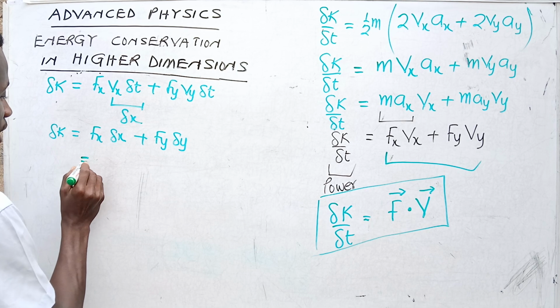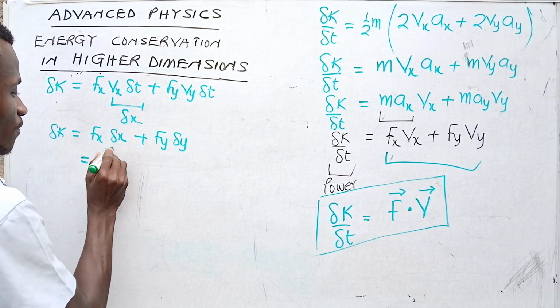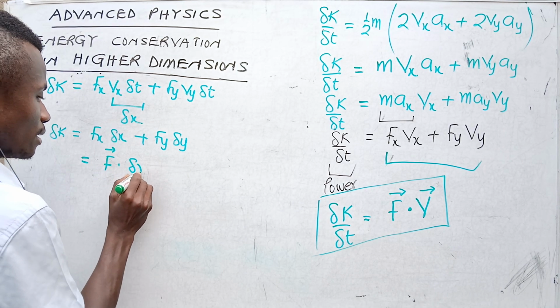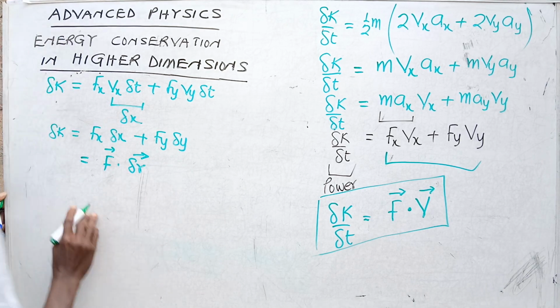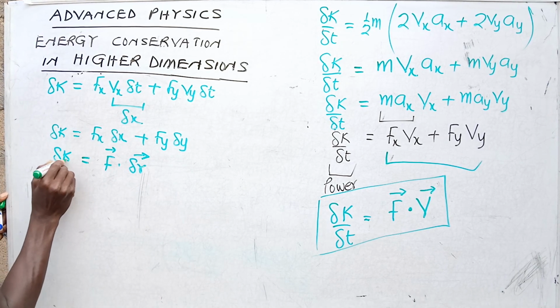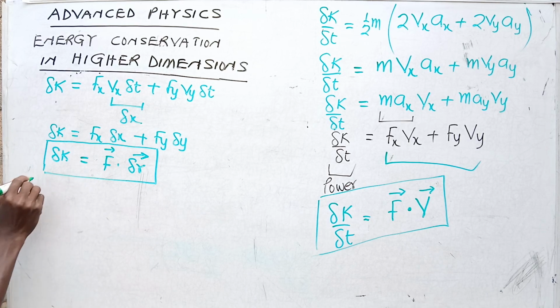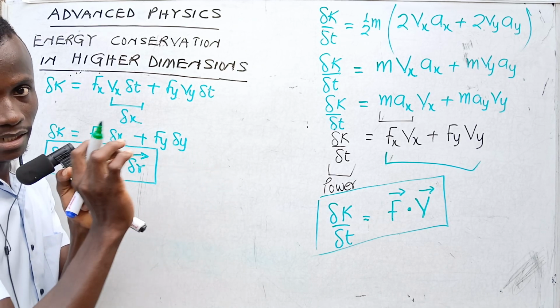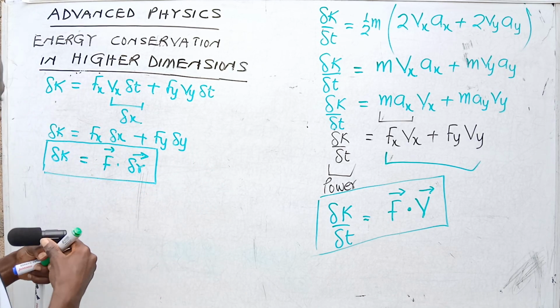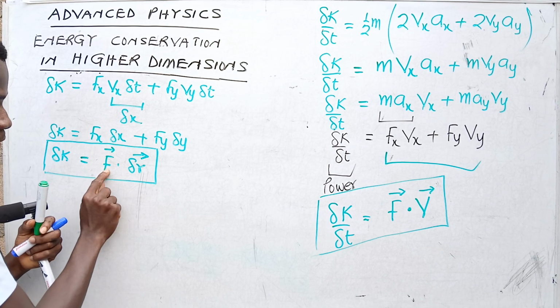So this can be expressed as a force vector dot a tiny position vector, that is dK. And this dK is a minute change in kinetic energy expressed as the dot product of a force vector and a tiny position vector.